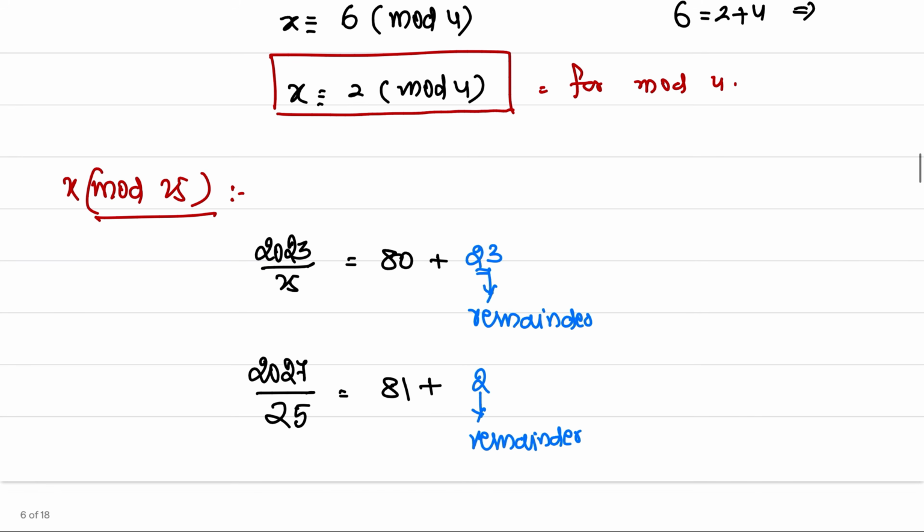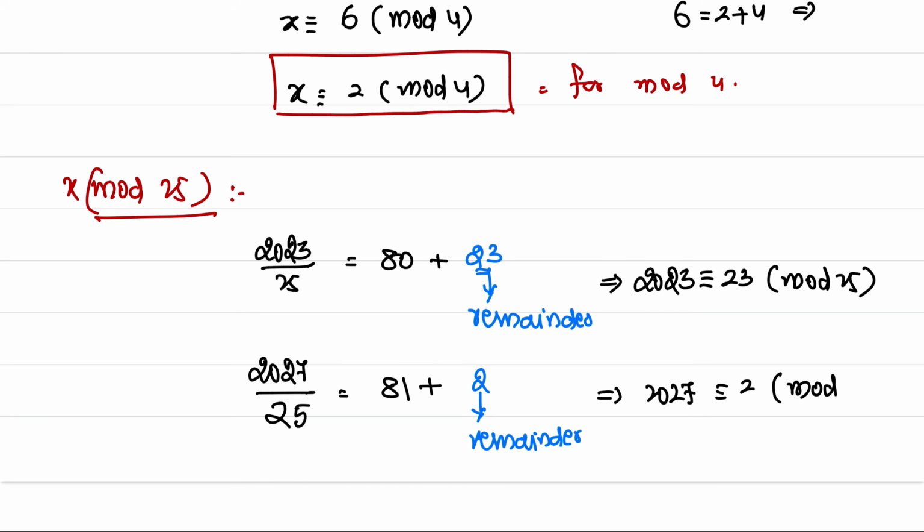This implies 2023 is equivalent to 23 mod 25, and 2027 is equivalent to 2 mod 25.